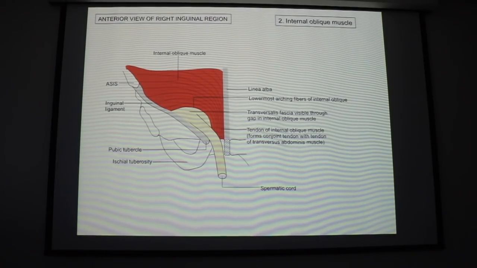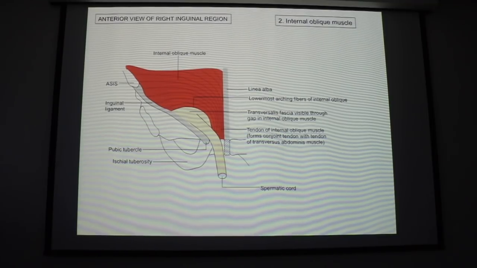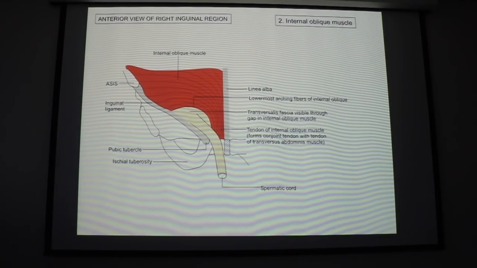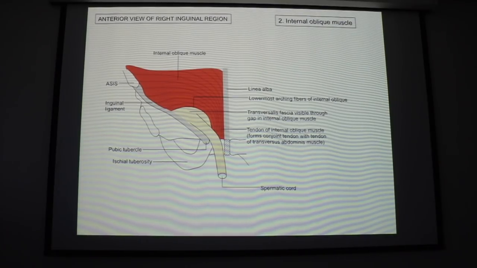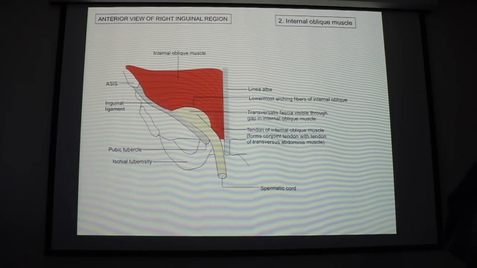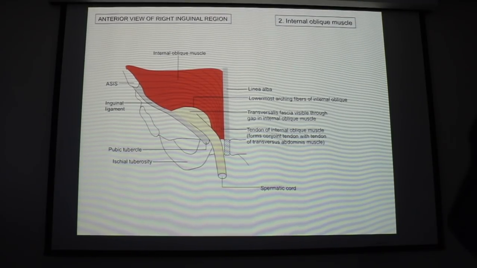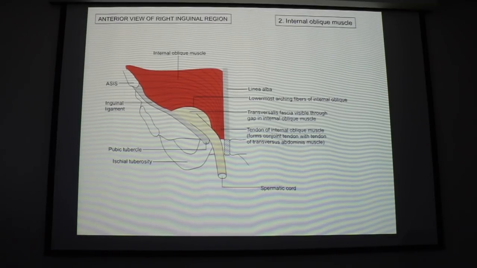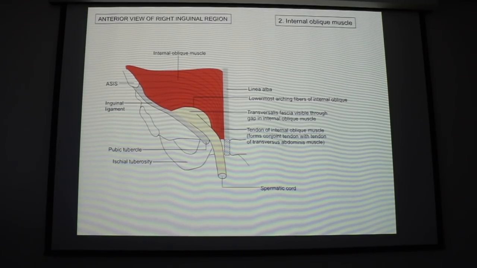Even if it can break, it can come as a line. So the same alignment is being continued. So the fascial covering which is derived from the fascia transversalis is given the name of internal spermatic fascia, and the fascia which is derived from the external oblique aponeurosis is given the name of external spermatic fascia.